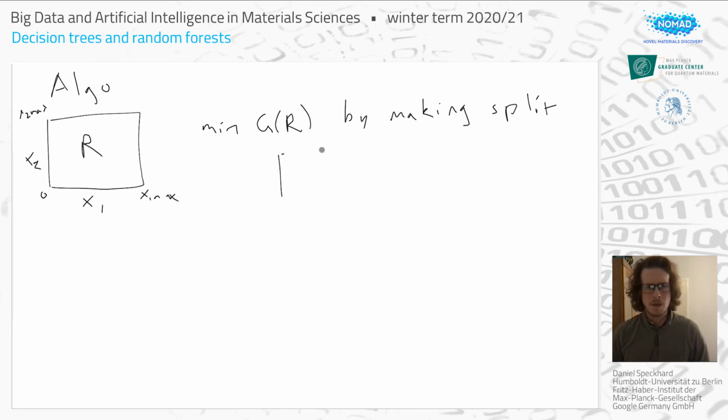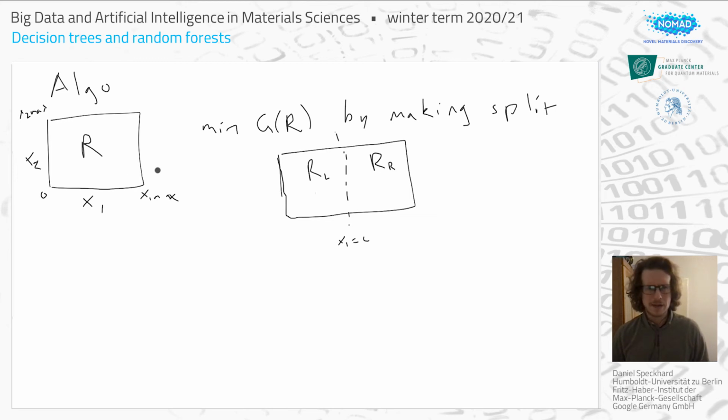Let's think about what happens when we make a split. We end up with now two regions. We started off with this big region R, and now imagine we make a split point on x1, say x1 is equal to c, and now we end up with some region to the left and some region to the right.